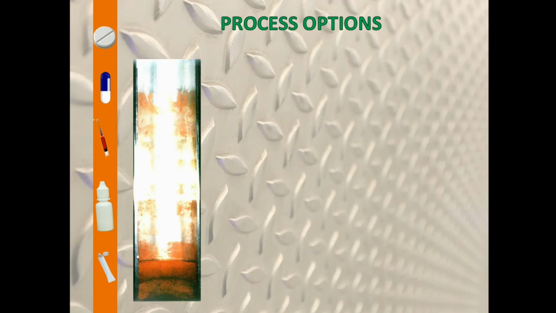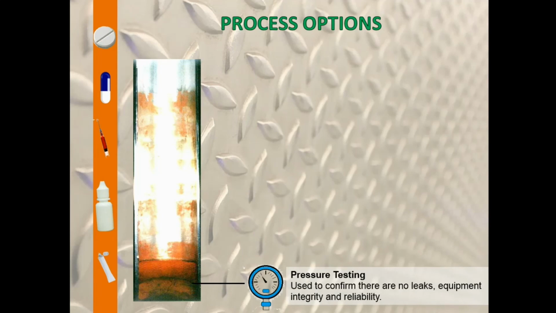This picture shows tubing with corrosion and each of the possible stages of a chemical cleaning process. The pressure testing can be with water or gas. The test will help us to identify leaks and confirm the equipment integrity and reliability.